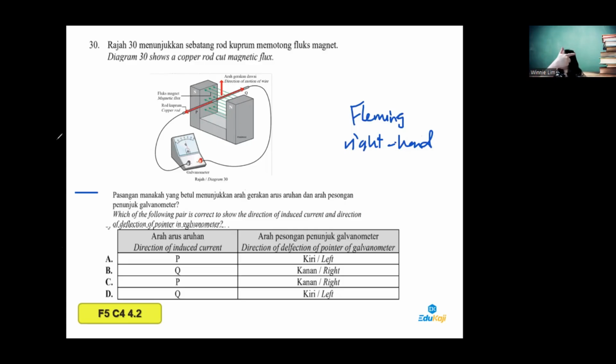Your force is upward, and your magnetic field is here. See where your middle finger is pointing; if it points towards you, it is this direction, P. So remember it's P. When the current reaches here, it will cause the galvanometer to deflect to the left. Therefore your answer is A. If your current comes from this side, then it will deflect this way. So this is the difference.